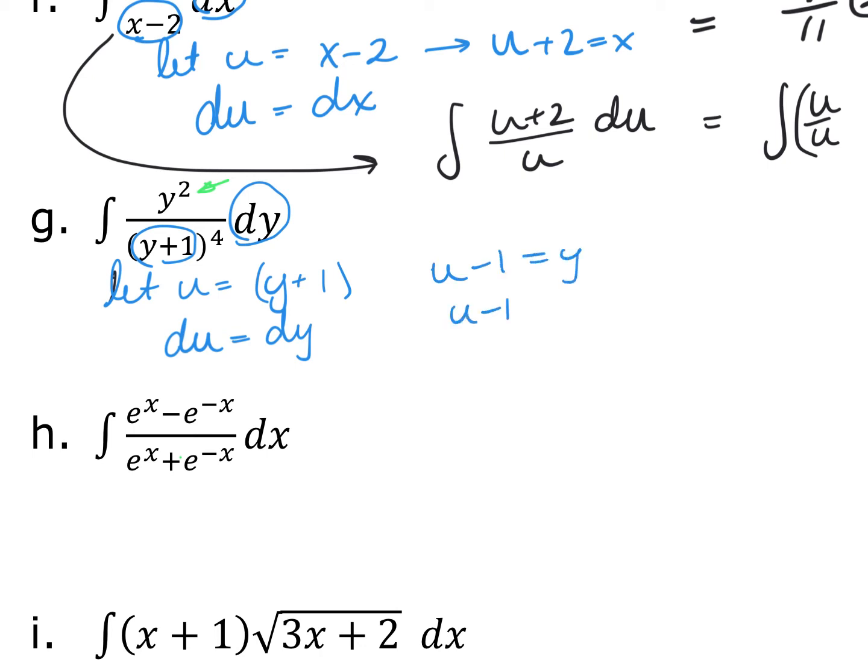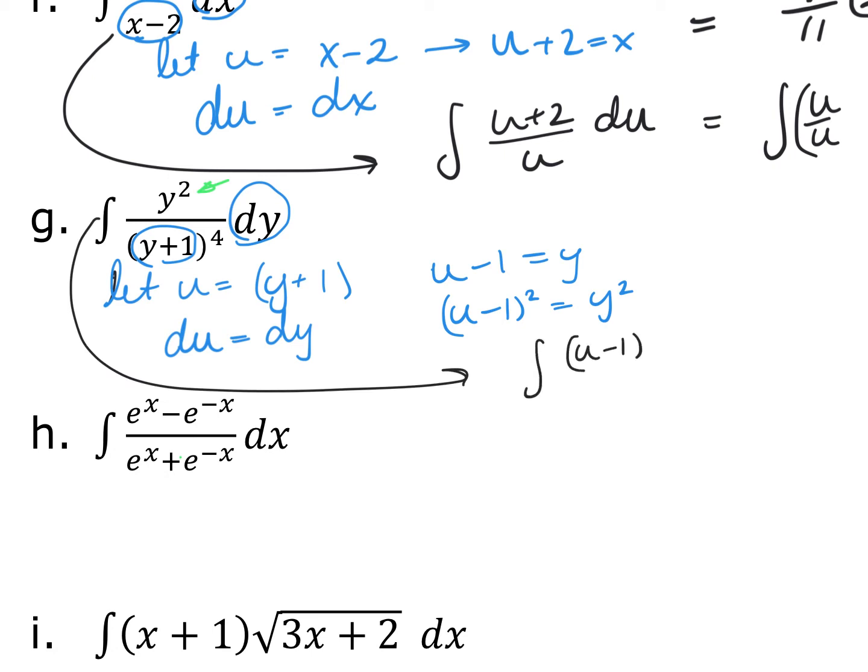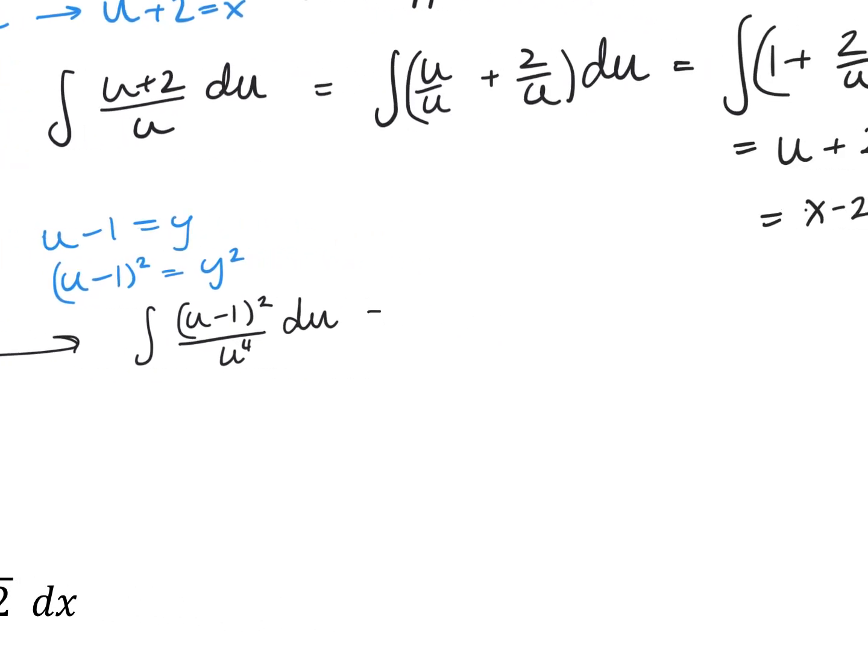That means u minus 1, the quantity squared, is equal to y squared. Now I've got all my replacements. This is going to be the integration of u minus 1, the quantity squared, over u to the 4th, and then du.